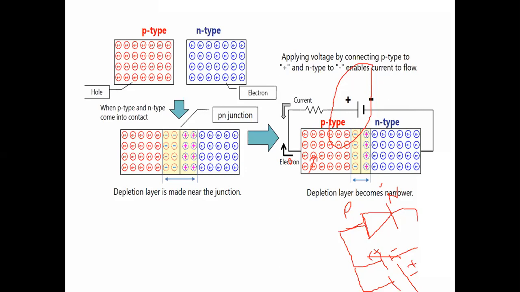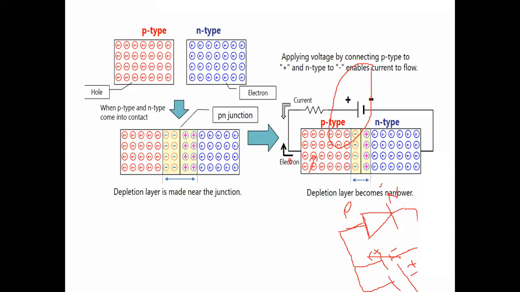So the current in a semiconductor diode or p-n junction diode is a combination of the current due to electrons plus the current due to holes. That's why in semiconductors the current is due to both holes as well as electrons, whereas in conductors, the current is due to only electrons.